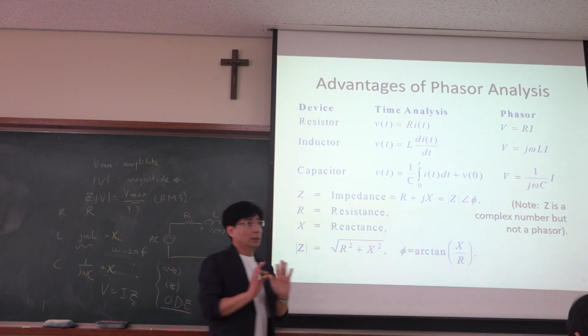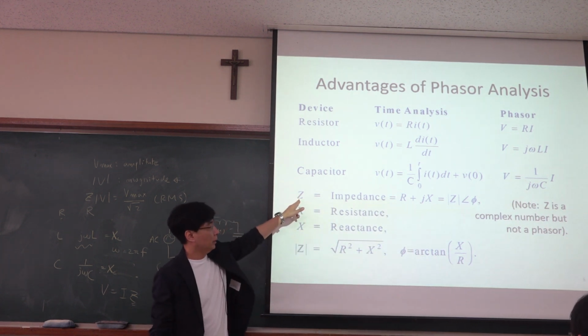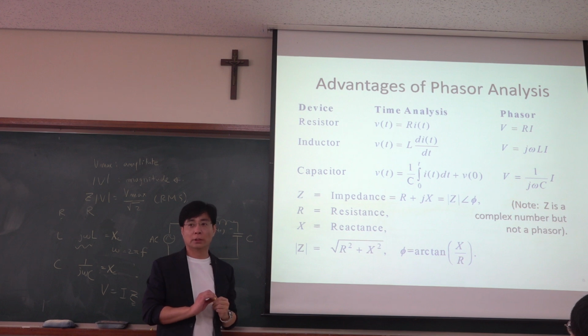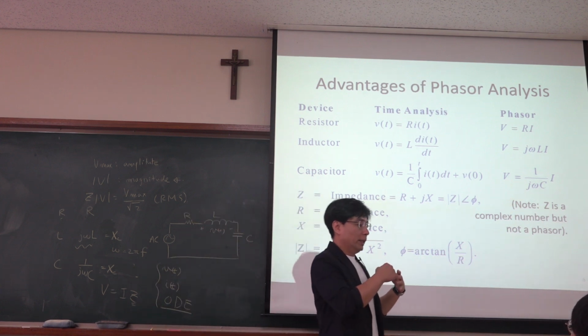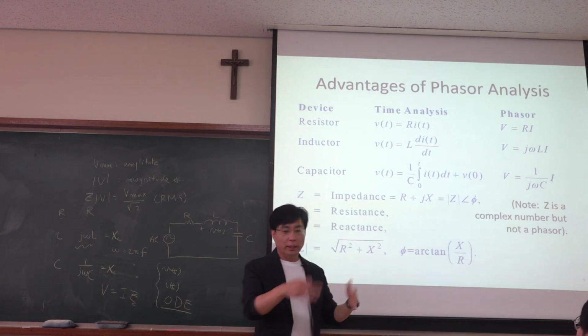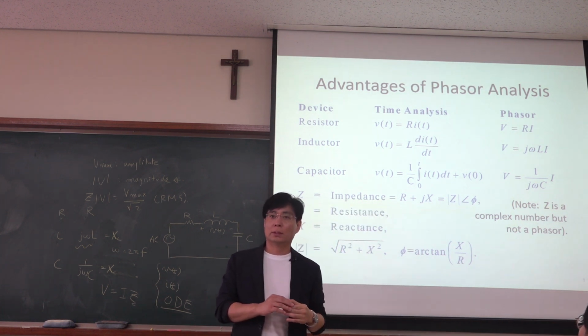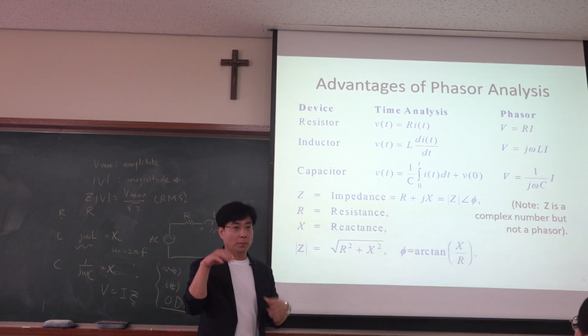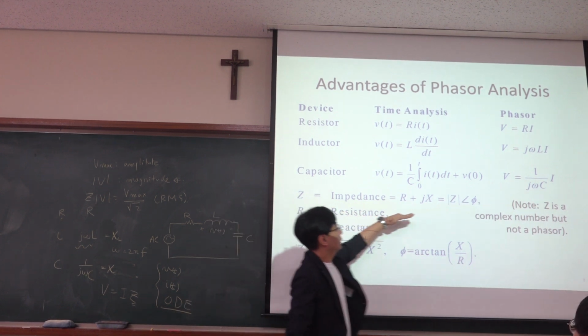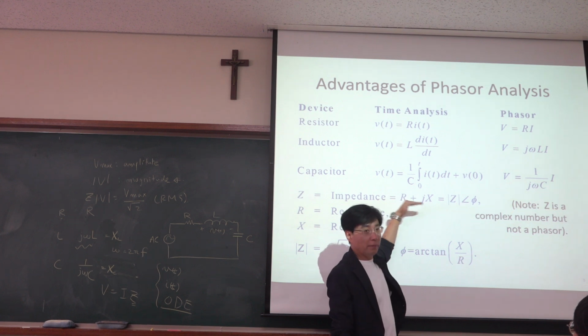But please don't be confused: this impedance is not a phasor, because a phasor needs to include the oscillating 2 pi f component. This is just a complex number, not a phasor.